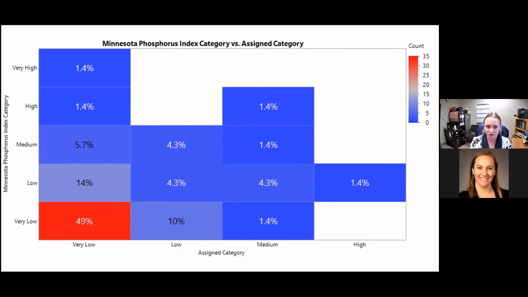Anything along that line is not deviating from what should be done for index prediction of phosphorus loss risk. So 49% of the time for very low, that's predicted right. And we see for the low it's 4.3%, and then medium 1.4% along this line that you can see.